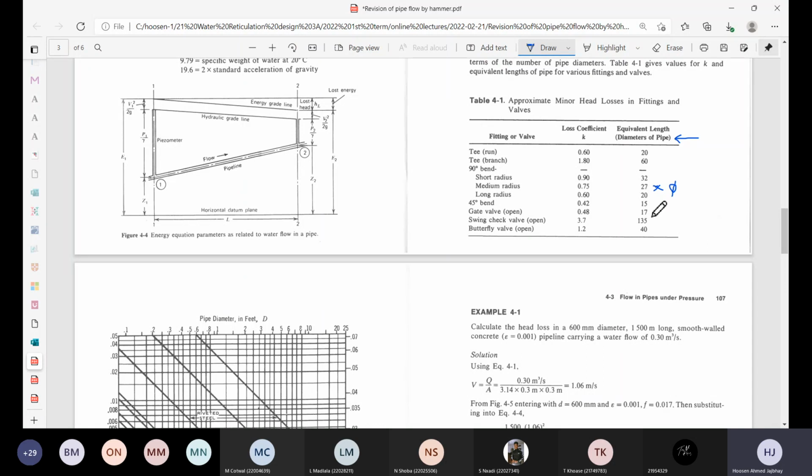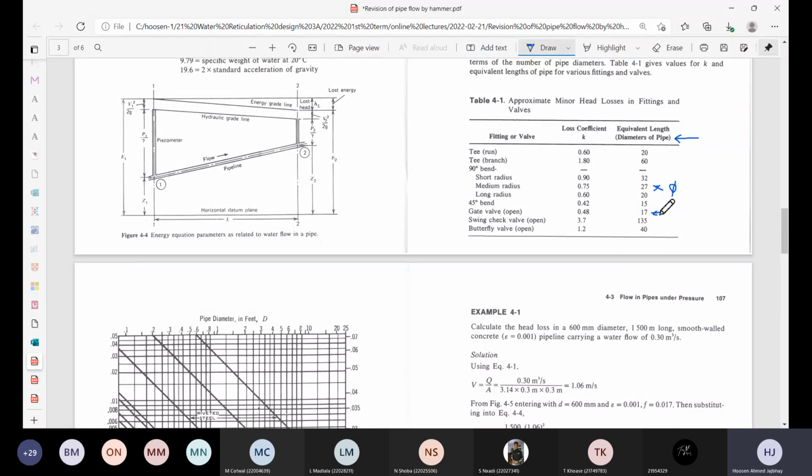So for the gate valve, for example, at that point you have that value of 17. It means that the equivalent length, the amount of friction produced in that gate valve, is 17 times the diameter of that pipeline that you're fitting that gate valve to. So if you're fitting that gate valve to a 100 diameter pipe, it'll be 17 times 0.1 meter.